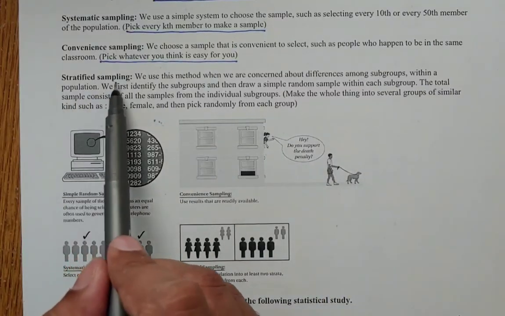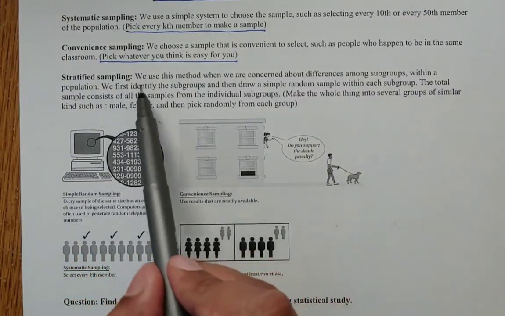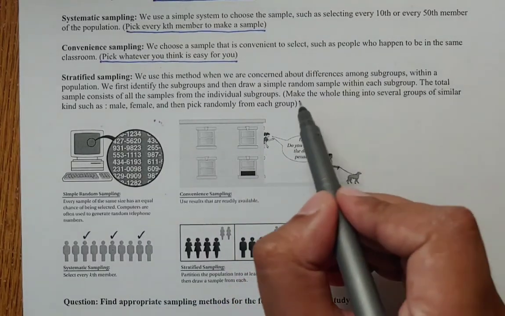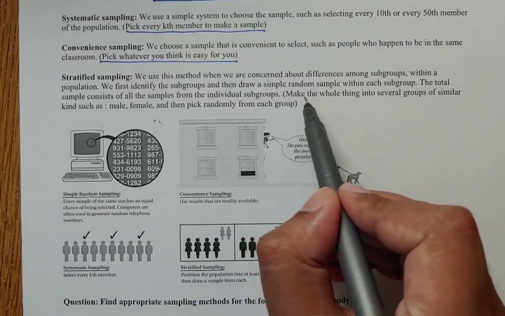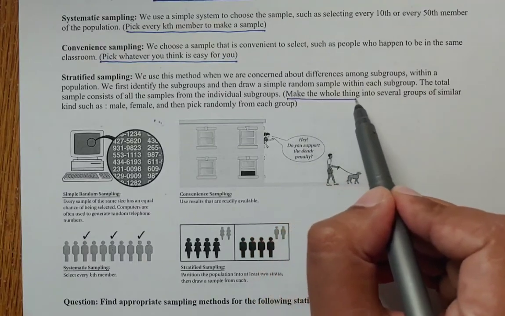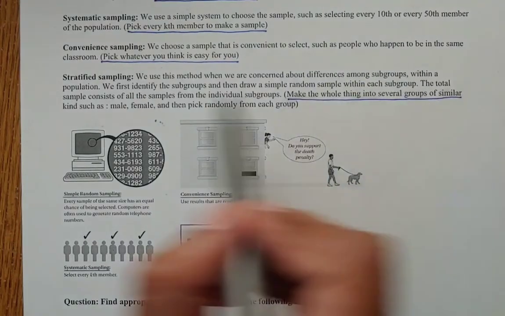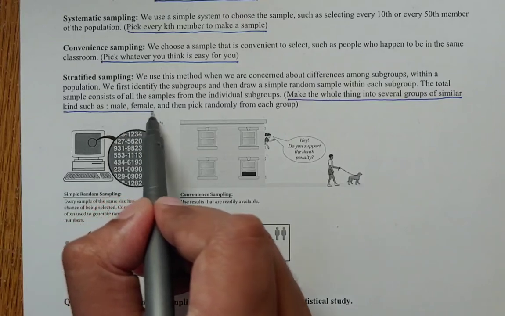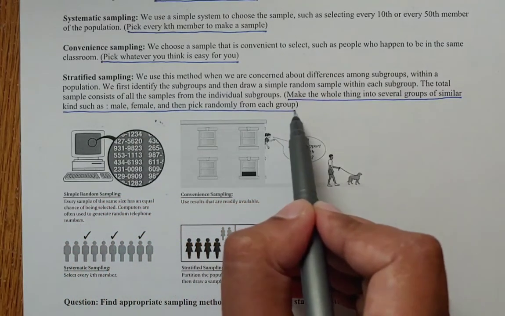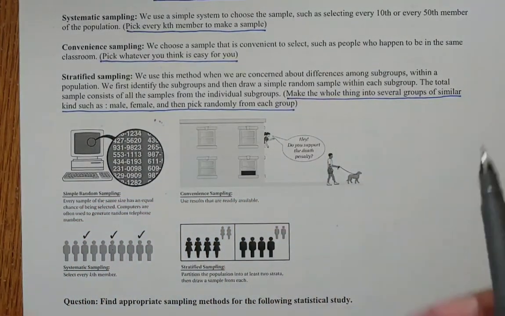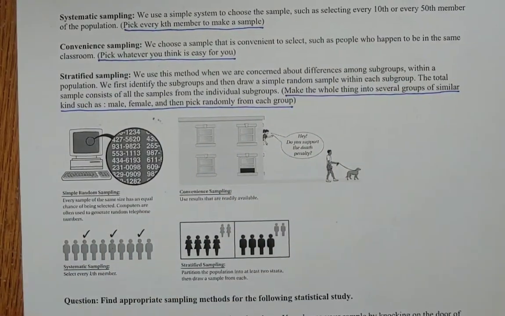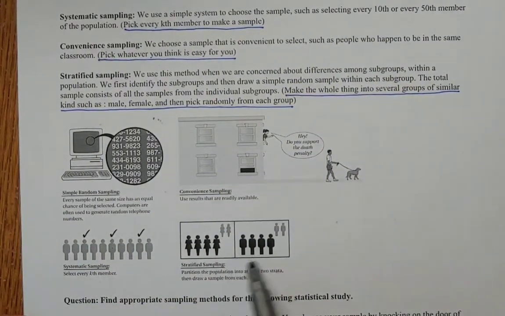And stratified sampling is, we first make the whole thing into several groups of similar kind, such as male, female, and then pick randomly from each group. So you first make the groups and then you choose from those groups. Like they select the person in male, female, they make two groups and then they randomly select some female and randomly select some male, and then they get the sample.